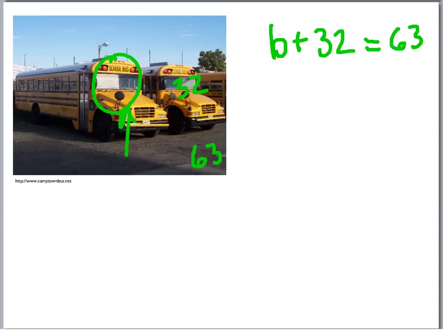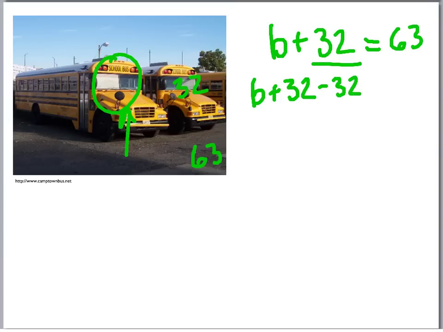So how can we get it to end up with B equals blank? Well, we've got to get rid of this 32. So how can we get rid of a plus 32? Use the opposite operation. That would be B plus 32, follow me on this, minus 32.